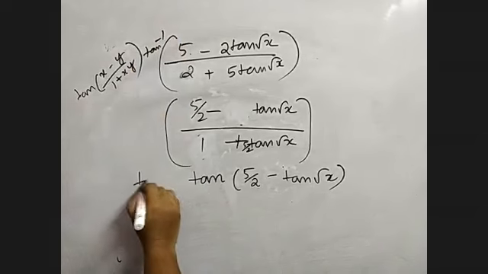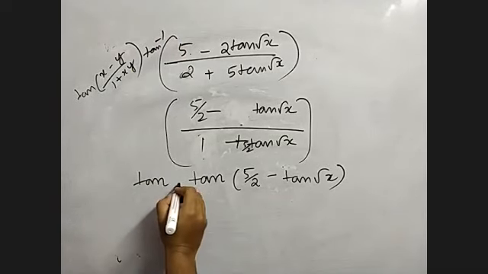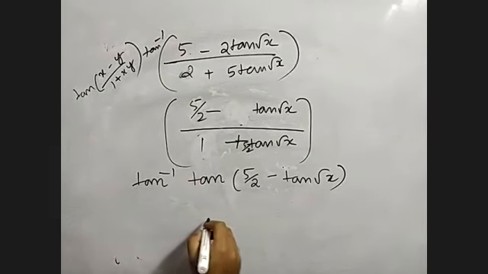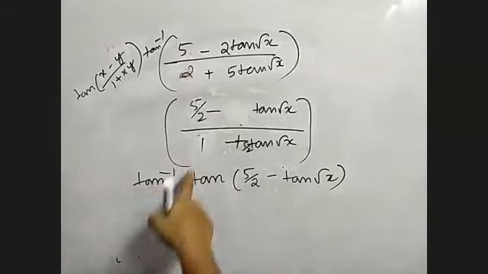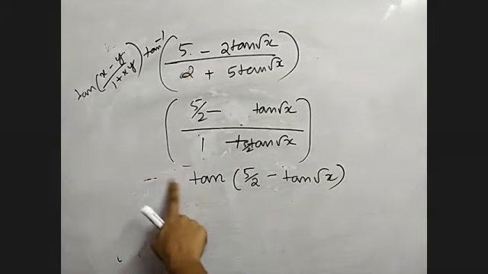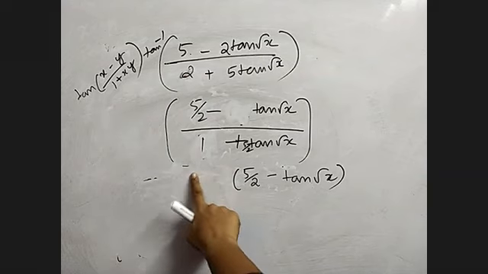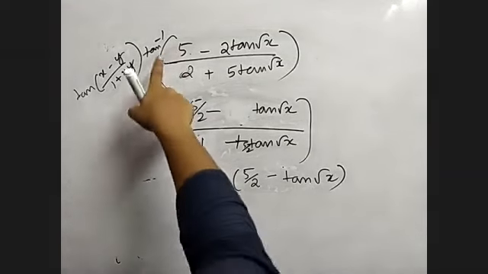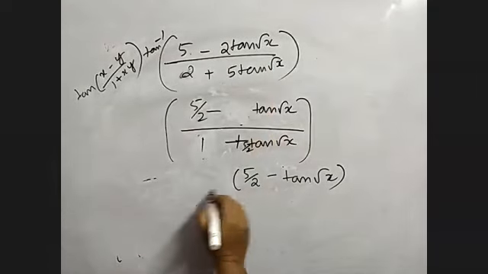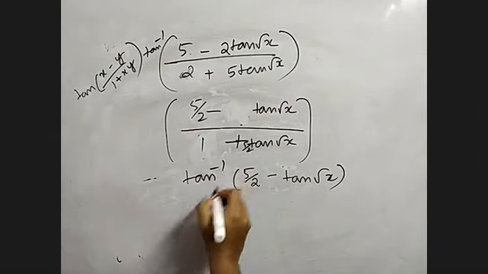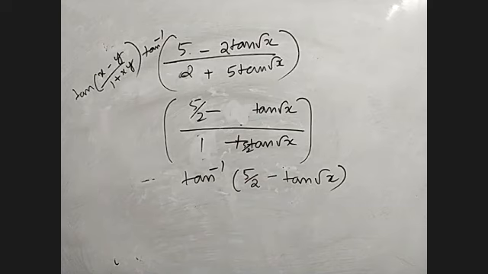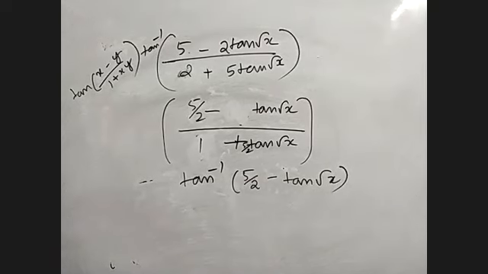So that means we have tan inverse of, oh, only this much is there. So tan inverse 5 by 2 minus, isn't it?